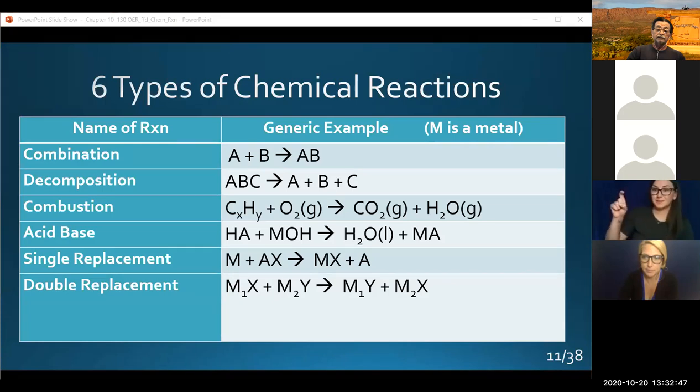Let me highlight that. M1X now becomes M1Y. They just exchange the anions. And the same is true for M2Y. Let me highlight that, change the color a little bit.